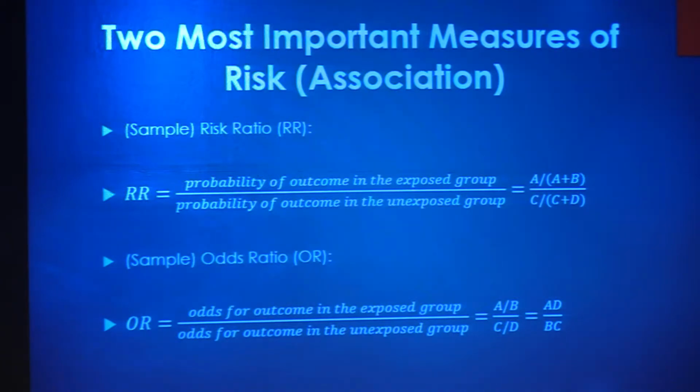You can either leave this as a complex fraction, or people usually simplify this by cross multiplying. We all know how to do that, hopefully, and we get AD divided by BC. So those are the two very important measures. There are many other ones as well, but we're going to just focus on these two today.